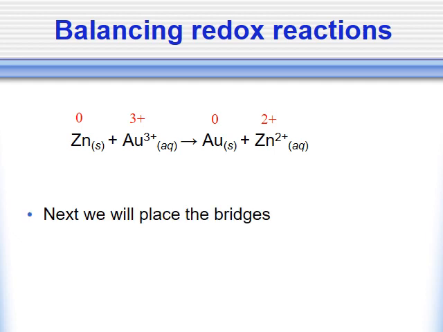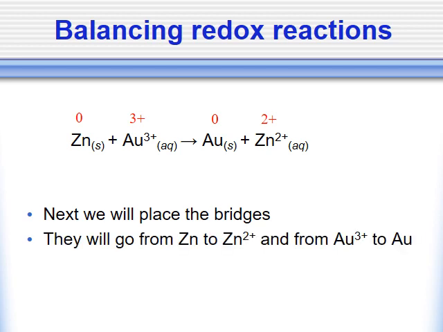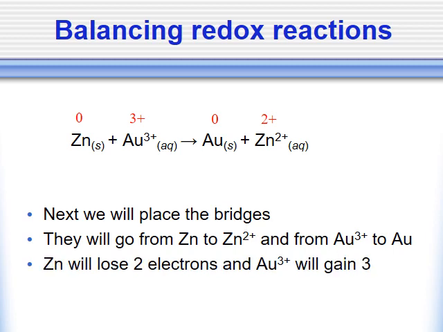We know zinc goes from 0 to 2+, gold goes from 3+ to 0. Zinc loses 2 electrons, gold 3+ gains 3. There's our zinc bridge, there's our gold bridge.